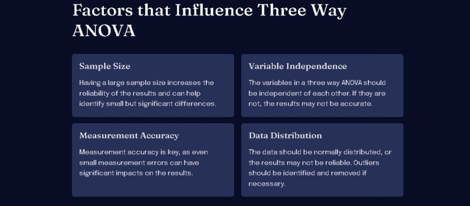Measurement accuracy is key, as even small measurement errors can have a significant impact on the result. For variable independence, the variables in a three-way ANOVA should be independent of each other. If they are not, the result may not be accurate.